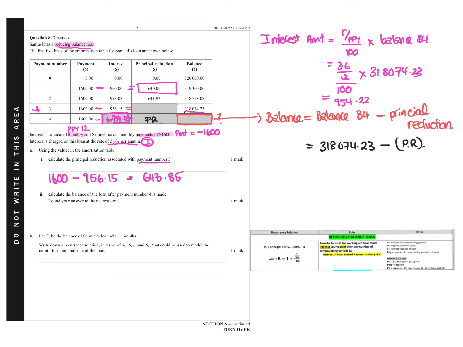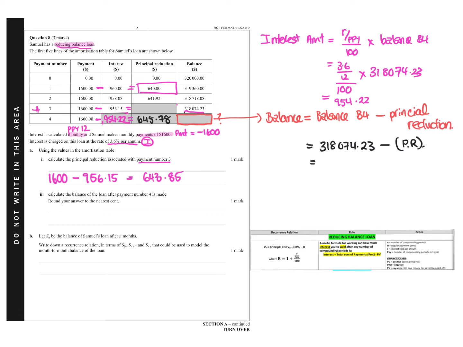Now I can work out the principal reduction: 1,600 minus 954.22 equals the principal reduction, which would be 645.78.